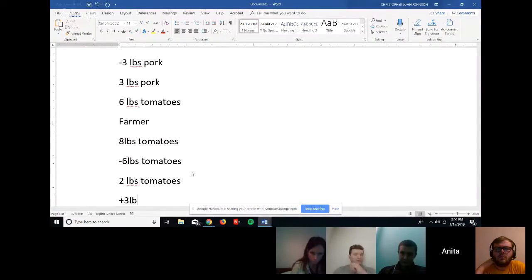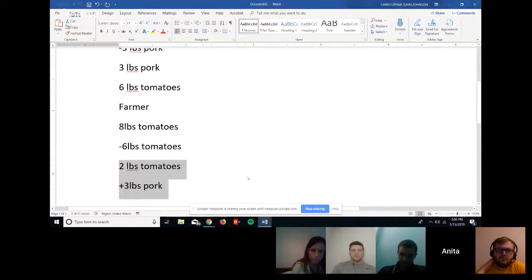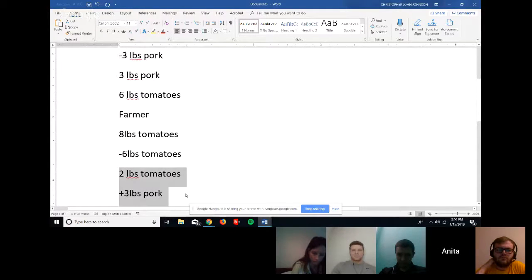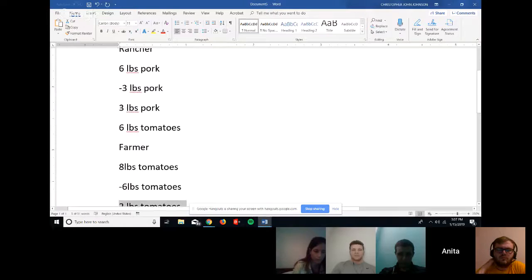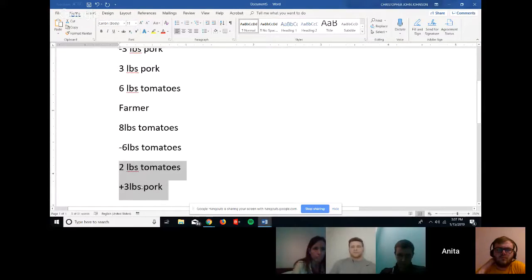Yeah, 3 pounds of pork. So to me, that's why I said that the rancher would gain, because the rancher ends up with still 3 pounds of pork and 6 pounds of tomatoes, and this guy only gets 2 pounds of tomatoes and the 3 pounds of pork.